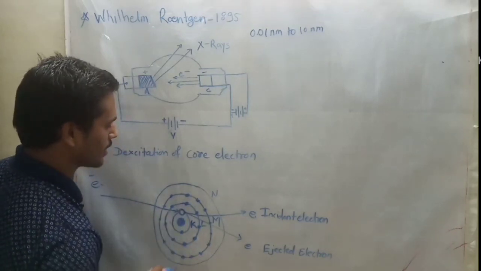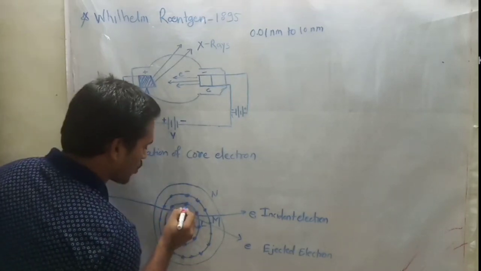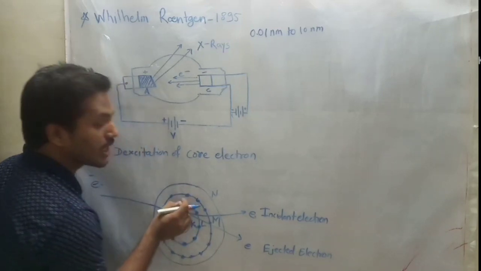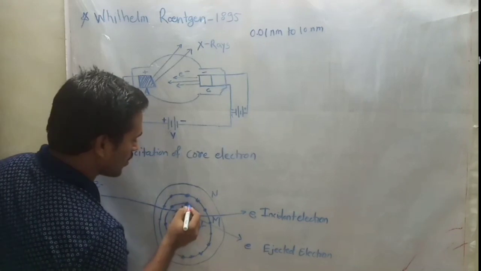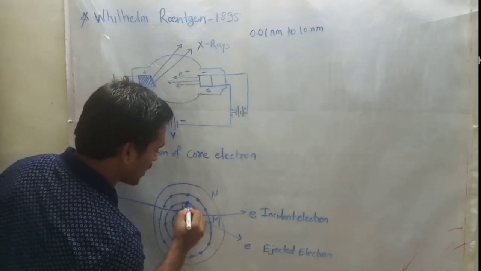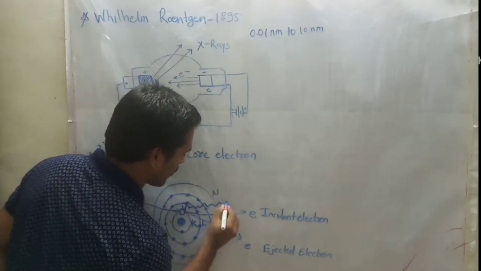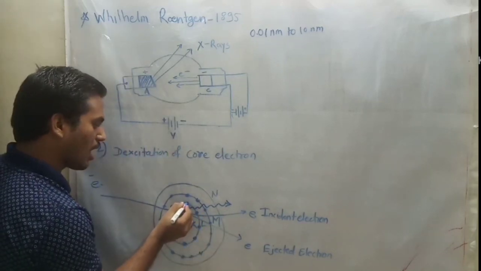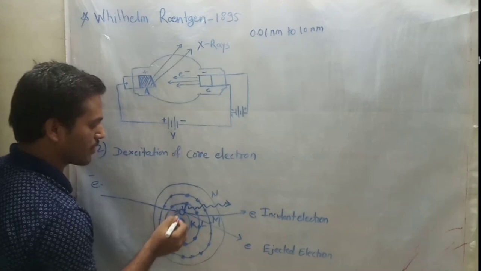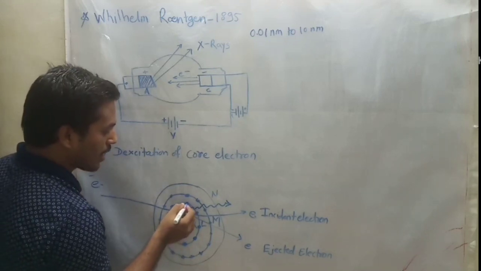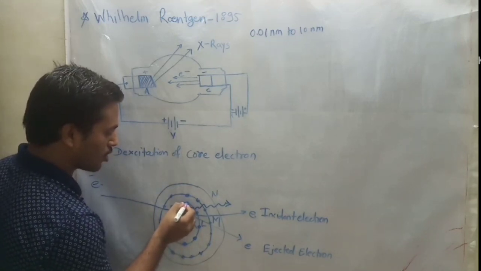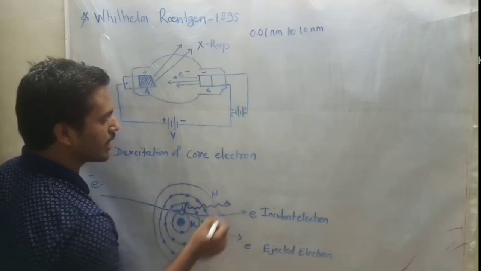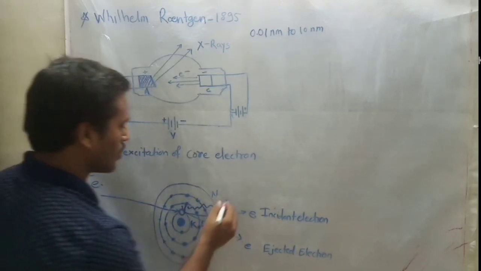In this process, the electron loses its energy, and this energy is converted into a photon.